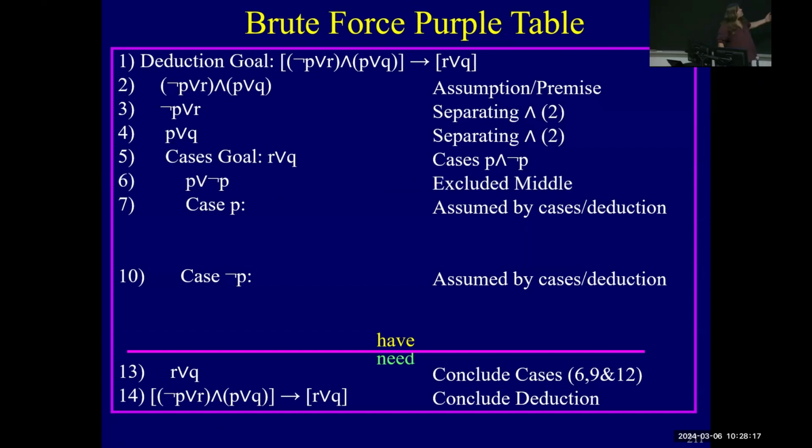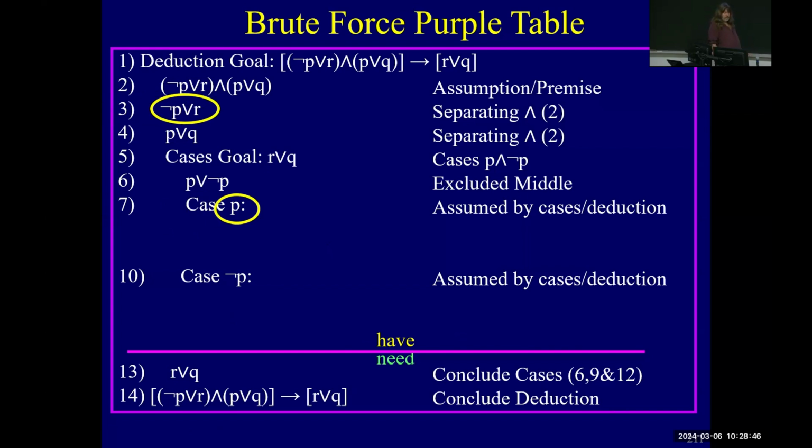So we bang in here that by excluded middle, we have that one of them is true. And that's going to allow us to do line 6. We're going to have line 6 and then some line from this and some line from this, right? Everybody good?